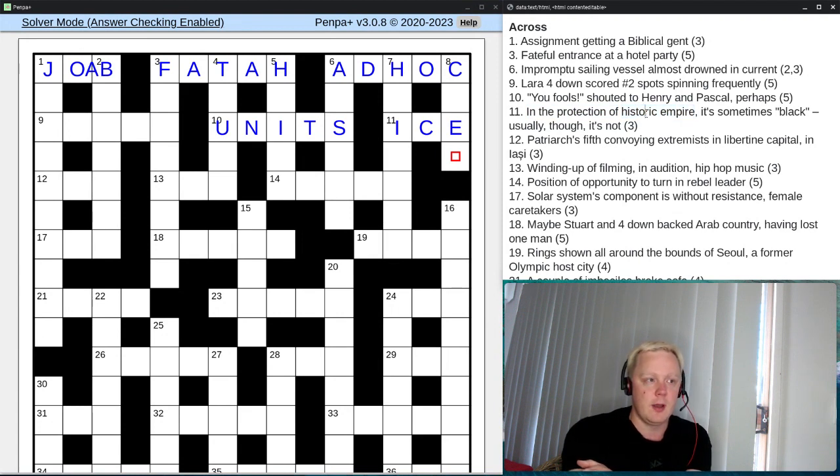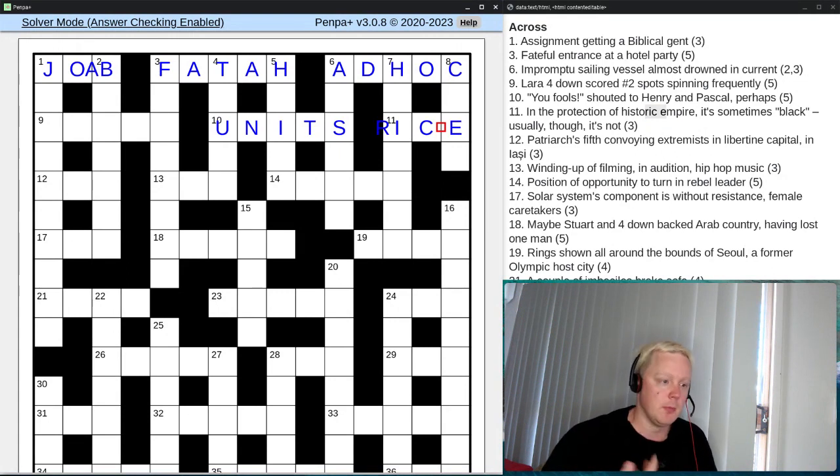And it's going to be RICE, rice. Now there is black rice, that is a thing that you can eat, but most rice isn't black rice. So that's how the definition makes sense for rice. So that means that we have actually an extra letter here, and I'm going to mark it here between these 2 cells. So ice and rice, both hidden words inside the words historic empire.